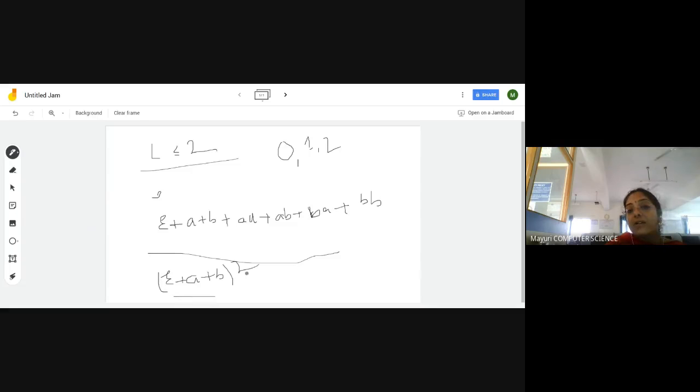If length less than or equal to 2 is written like that, how do you write length less than or equal to 10? The same way, right? Just replace 2 with 10: (epsilon plus A plus B) the whole power 10.